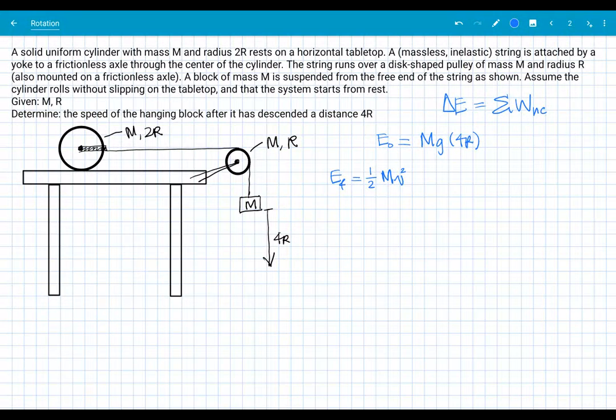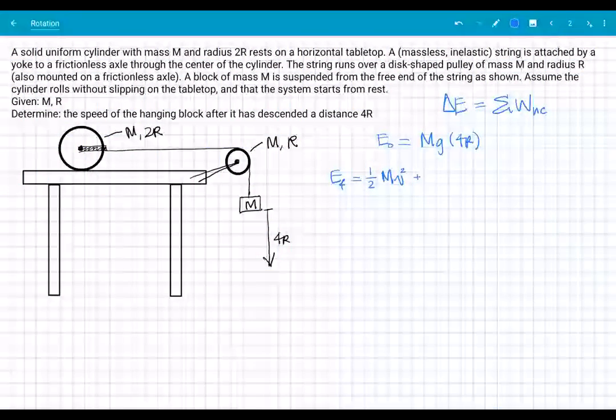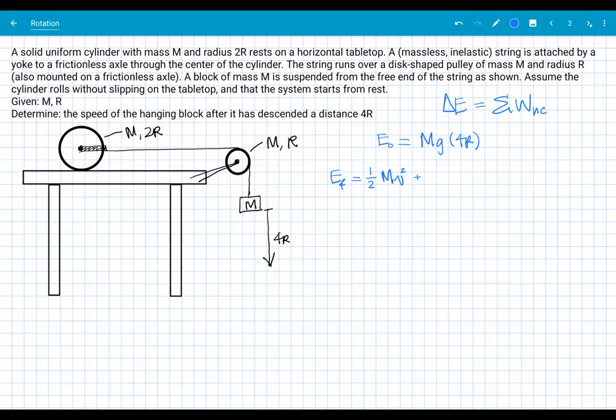So that's the block. And then we can look at the cylinder. What's the cylinder going to be doing? Well, the cylinder is rolling across the table. So it's a neat case in that it has both translational kinetic energy, because its center of mass is in motion, and rotational kinetic energy, because it's rotating around its axle. So we have to consider both of those. The translational kinetic energy for the cylinder will be 1/2 mv squared.